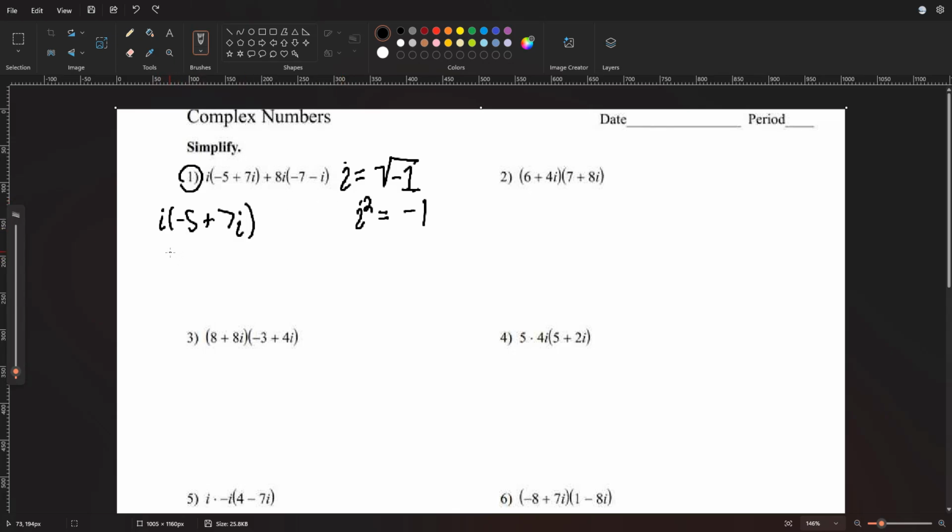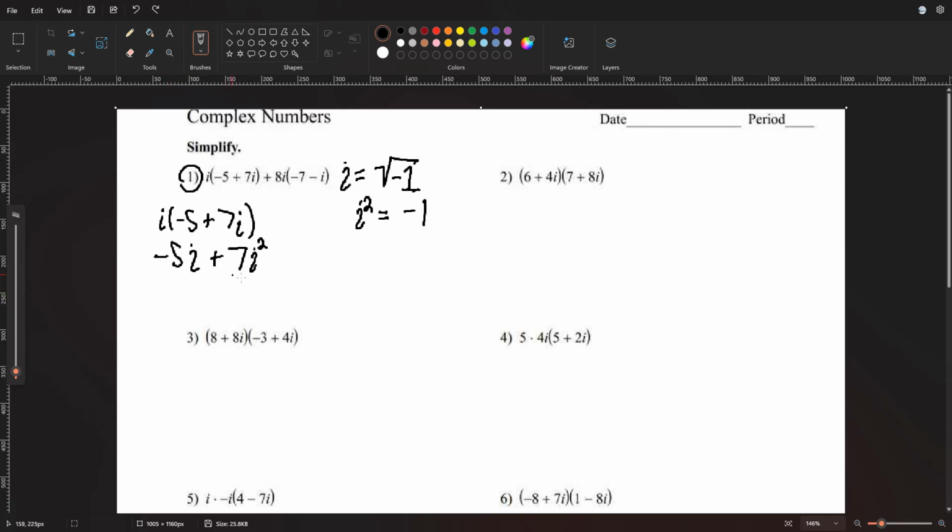So i times negative 5 is going to be negative 5i. i times positive 7i is going to be positive 7i squared. And we know that i squared is equal to negative 1.